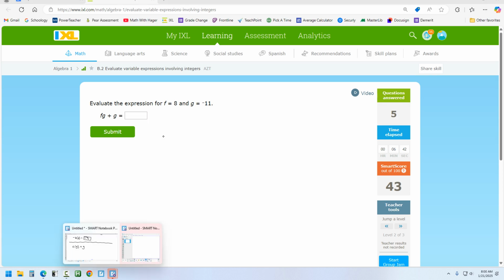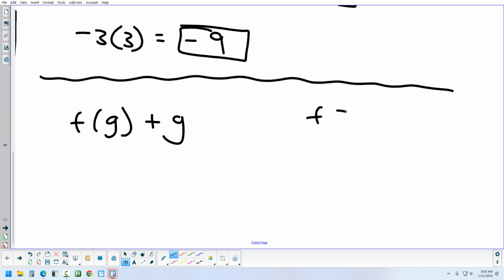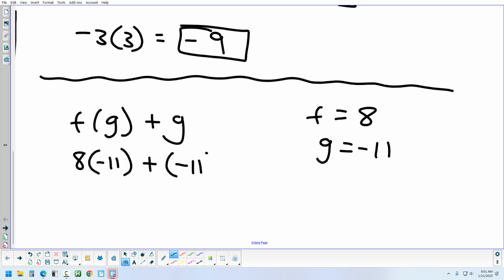Okay, so let's go back here. F is 8, g is negative 11. So take each one of those numbers and fill them in. So f is going to turn into 8, g is going to turn into negative 11. All right, and now we have to simplify. Make sure when you simplify, you follow PEMDAS.